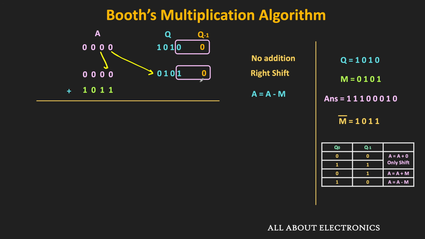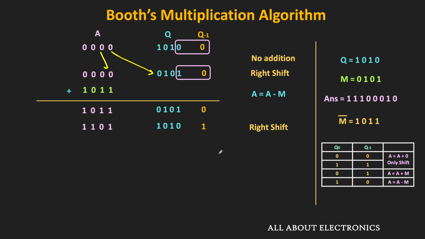After the addition, we will get this 1011, and here this Q and the q minus 1 will be copied as it is. After this subtraction, once again the right shift operation will be performed. After this arithmetic right shift operation, this will be the content of AQ as well as the q minus 1.